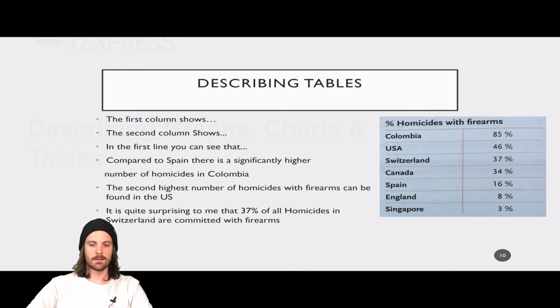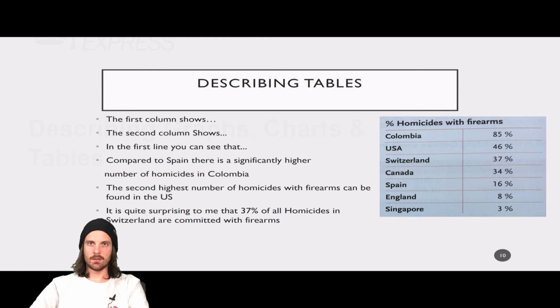Okay, in this case with countries and with the percentage. And then, of course, we have the lines. So columns, Spalten, Zeilen, lines. In the first line, you can see that Colombia, blah, blah, blah.